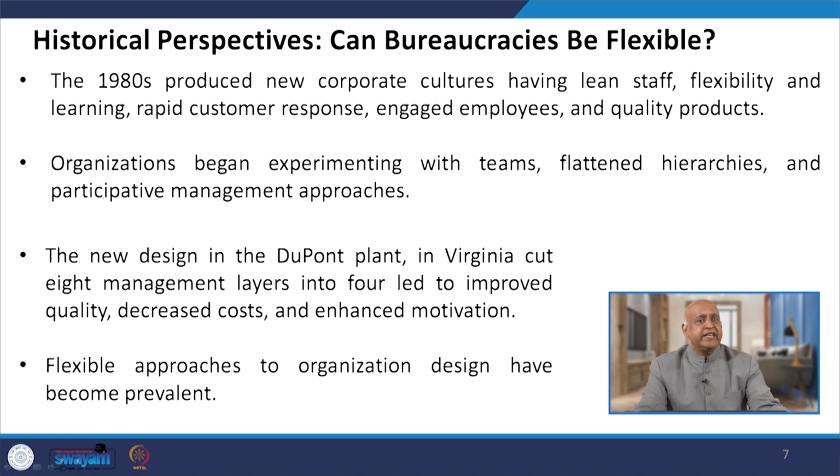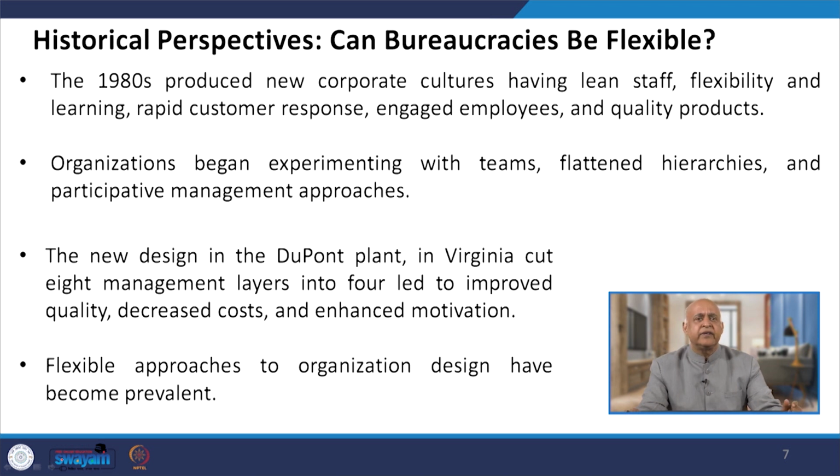The 1980s produced new corporate cultures having lean staff, flexibility and learning, rapid customer response, engaged employees and quality products. So, when we are talking about the 1980s, we were proceeding towards LPG: liberalization, privatization and globalization.